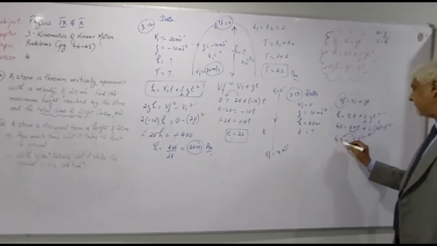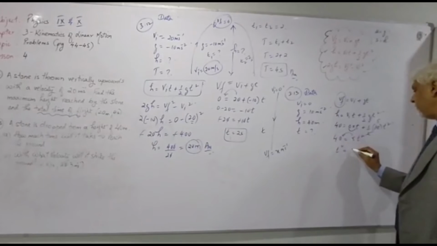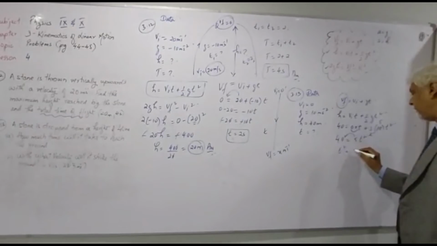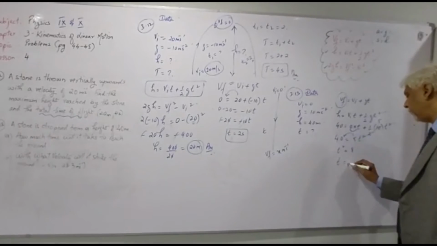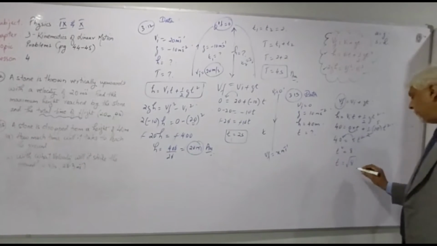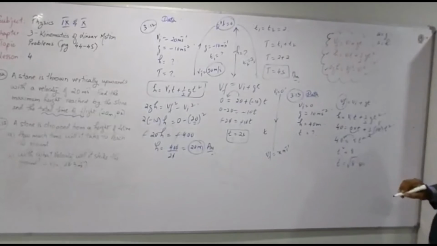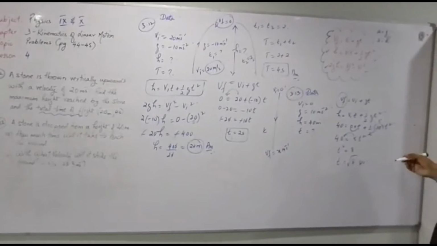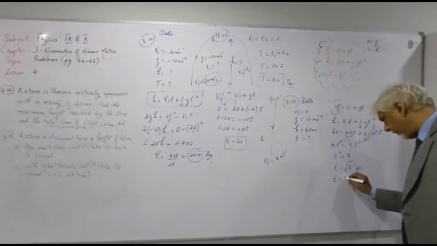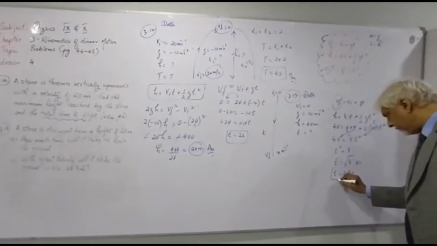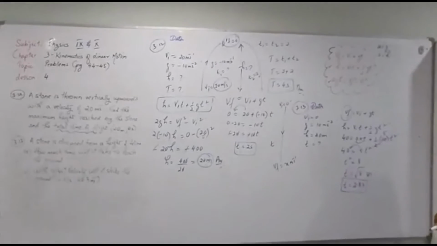You bring 5 on the other side, T squared is equal to 5 will go to 40 8 times. So 8, and T is equal to under root of 8. So this is your time, root 8. And root 8, if you calculate it, will work out to be approximately 2.8 seconds. Okay, so this is your time.